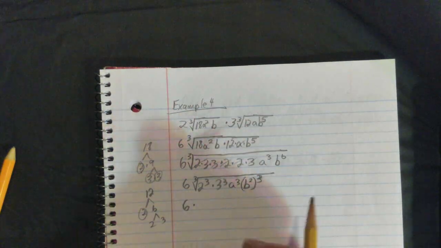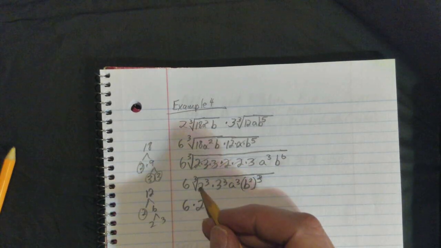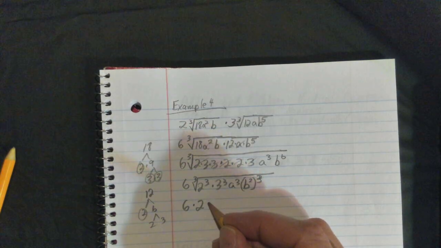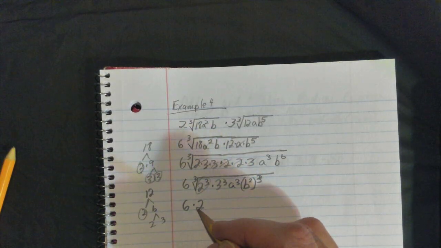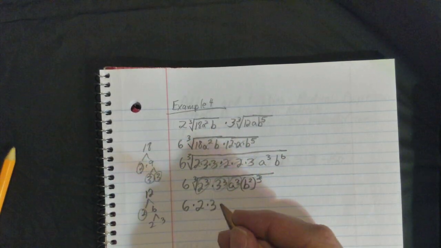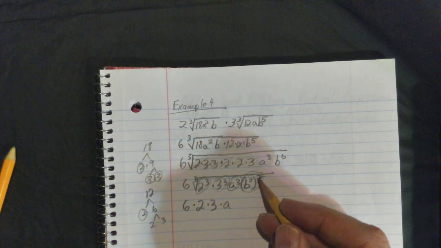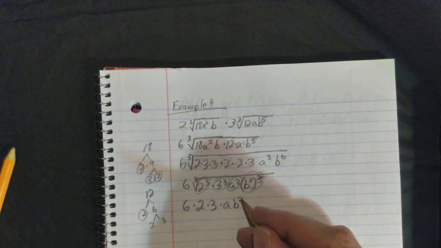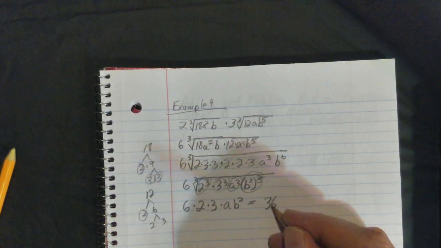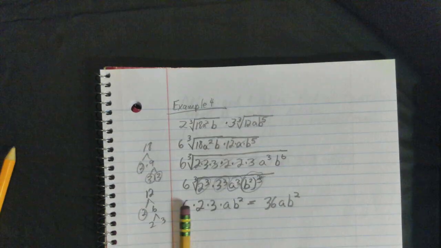I'm going to do it without the product of radicals step that we had at the beginning. So the cube root of 2 cubed is 2, the cube root of 3 cubed is 3, the cube root of a cubed is a, and the cube root and the cubes cancel out, so that's b squared. 6 times 2 is 12, times 3. That's 36ab squared. Alright, you guys take care.